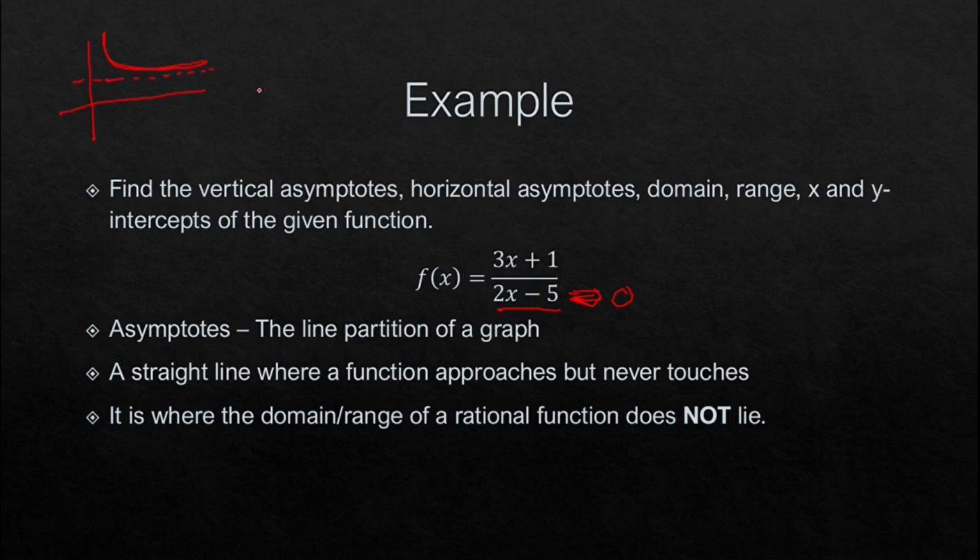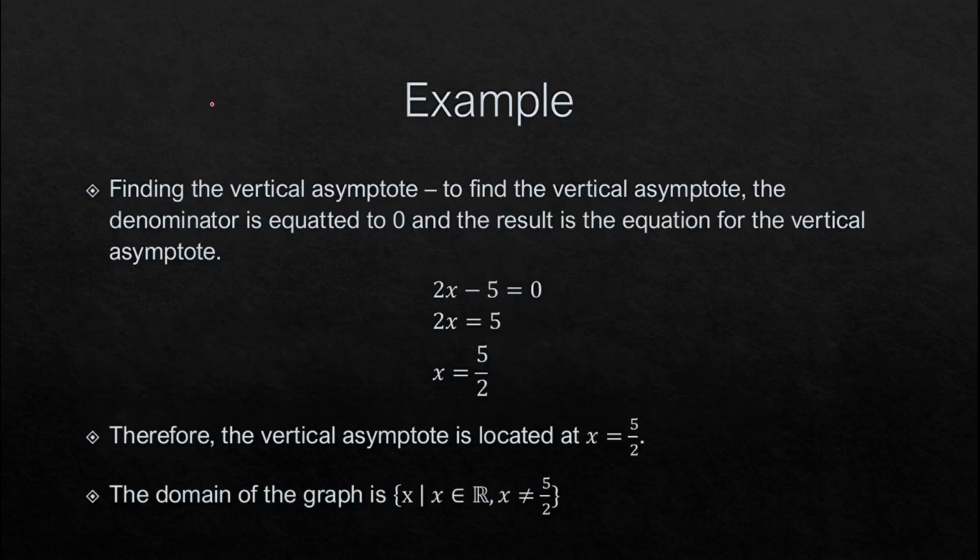Kaya meron line na parang itsurang nag-approach ang graph. Therefore, the vertical asymptote is located at x is equals to 5 over 2.